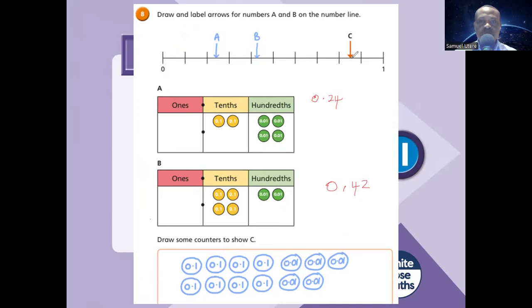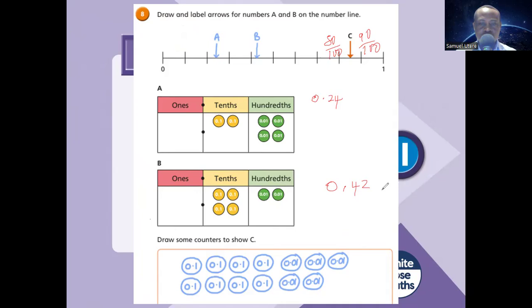And then to draw the counters for C, we can see that C is halfway. Thinking about how we've written this so far, that's 40 hundredths, 50 hundredths, 60 hundredths, 70 hundredths, 80 hundredths, and then this is 90 hundredths. So this is halfway, so it should be 85 hundredths.